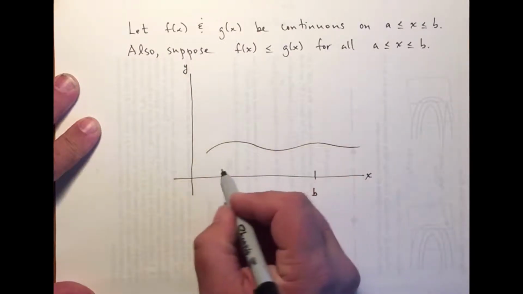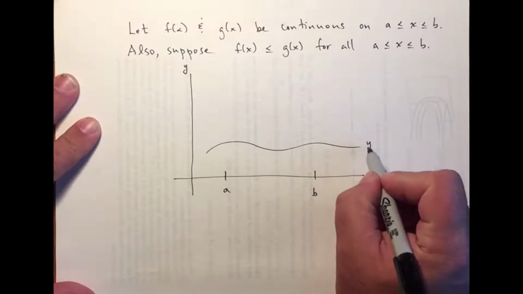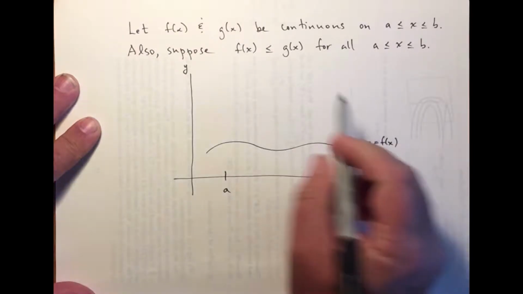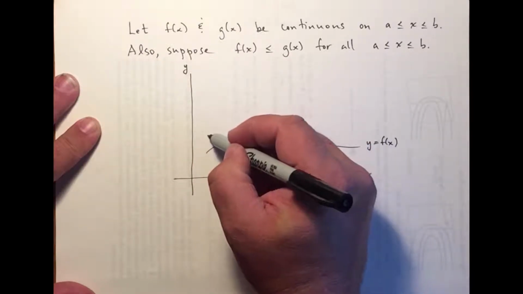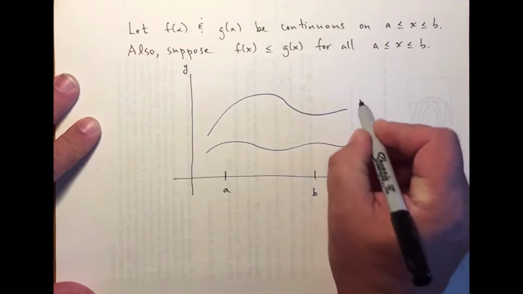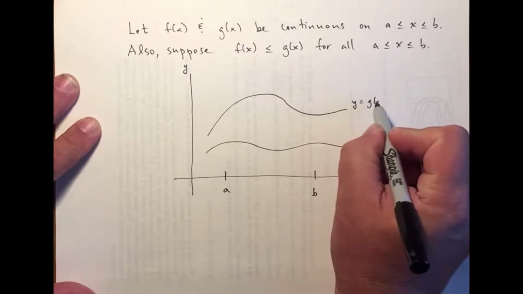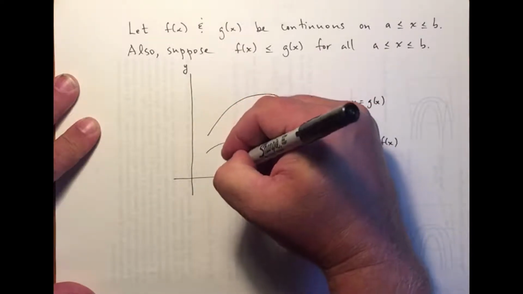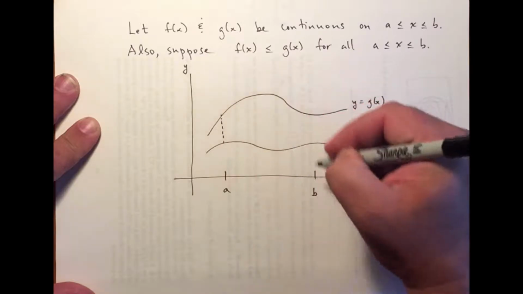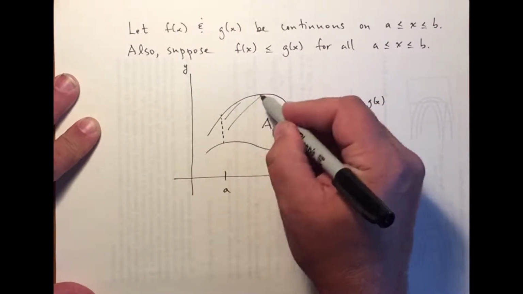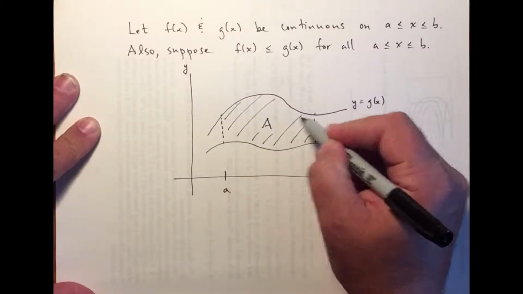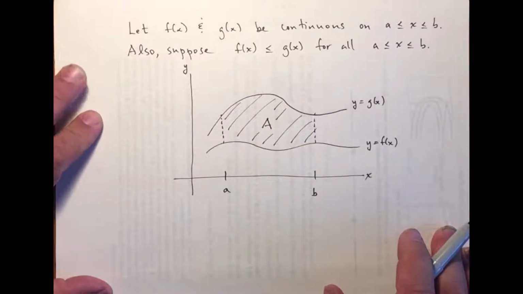So f might be here, and g of x, its values are larger than those of f of x, so its graph is going to be above that of f of x. And so the area we're interested in is this one, the area between these two curves on this interval.